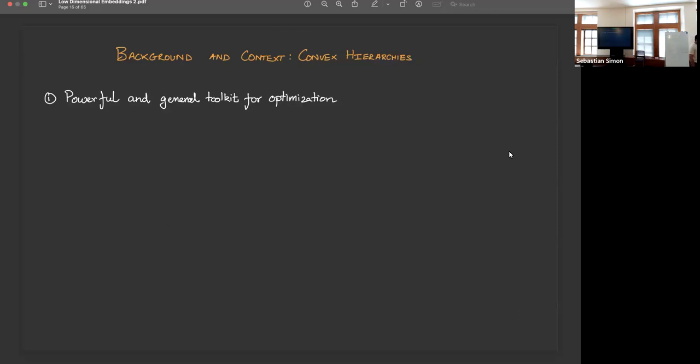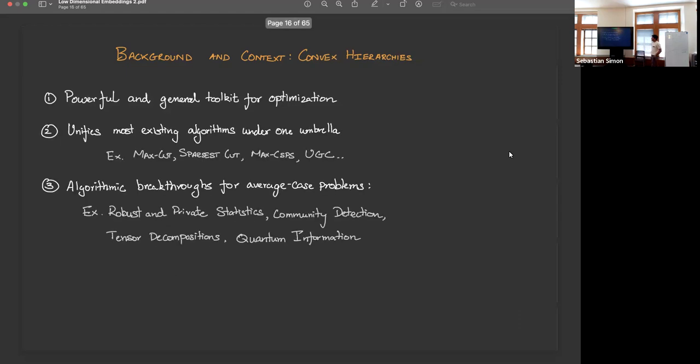Okay, so while this is happening in the embedding literature, there is an interesting phenomenon going on alongside, for optimizing using convex hierarchies. So what are convex hierarchies? Well, they're a powerful and general toolkit for solving optimization problems. And they unify several existing algorithms under one umbrella.